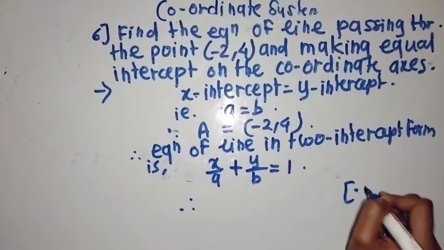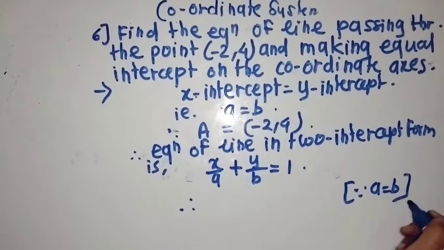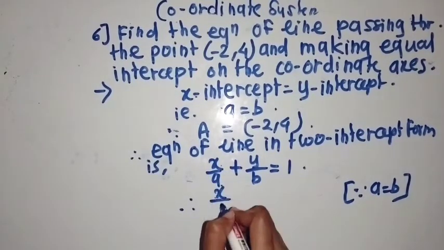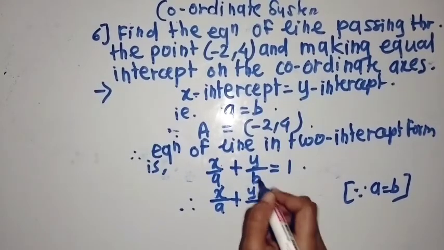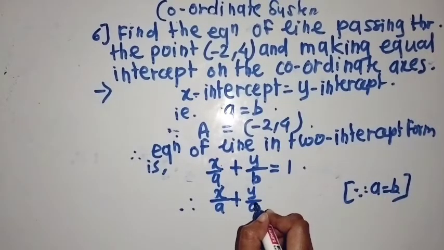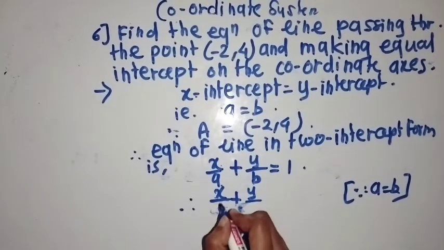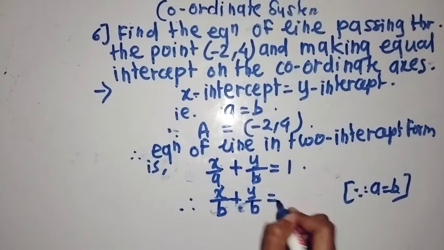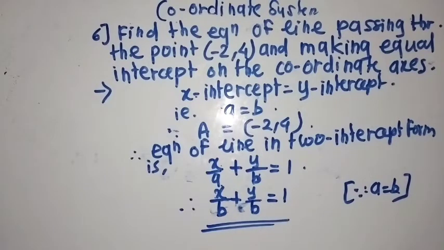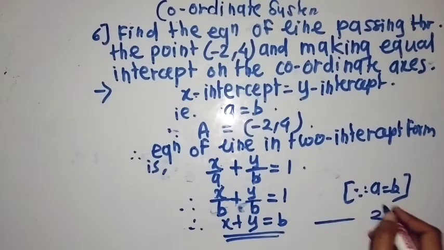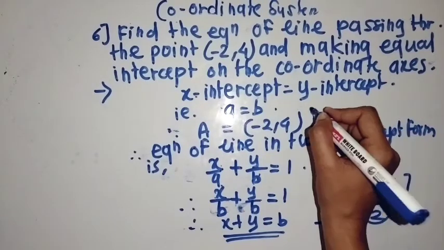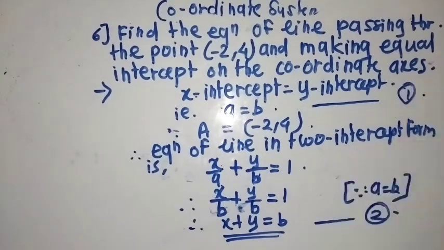But here, since a is equal to b, x upon a plus y upon a is equal to 1. Hence we get x plus y is equal to a. This is the second equation. This equation is the first equation.